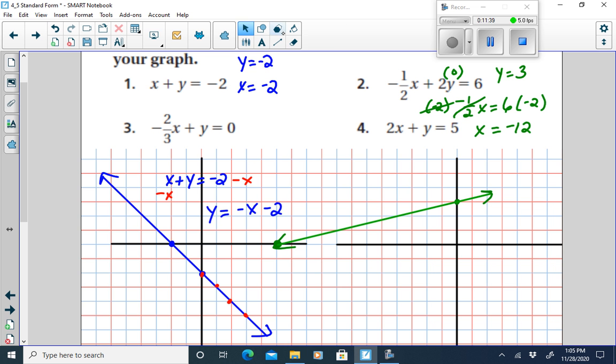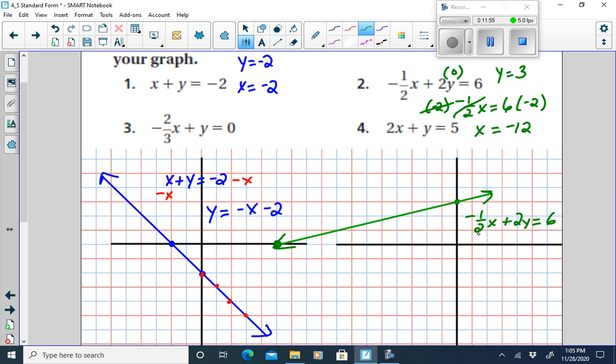But let's rewrite that in slope-intercept form, right? Let's double check it. So I'm going to get, let's see, I'll do that down here. We have negative 1/2 x plus 2 times y is equal to 6.